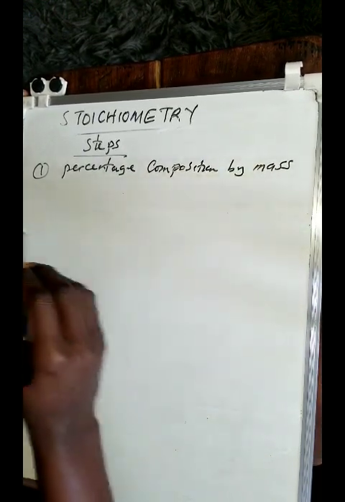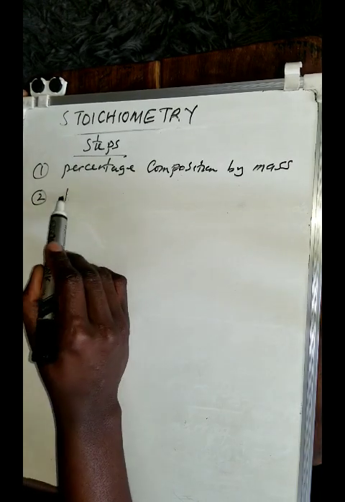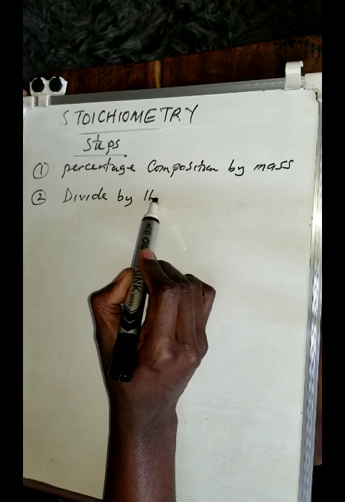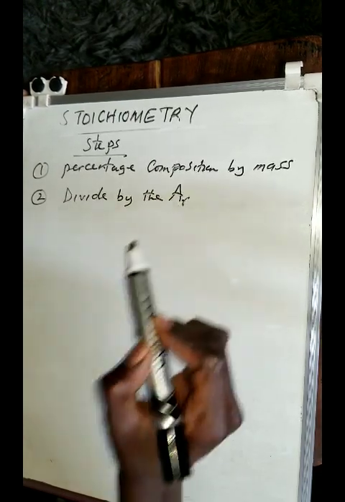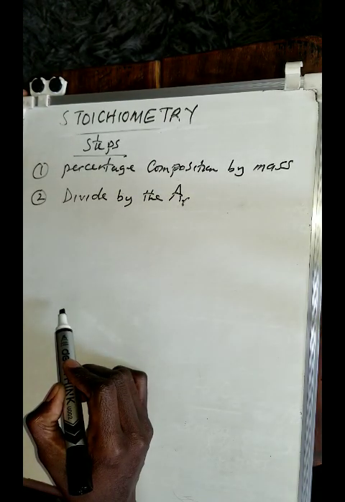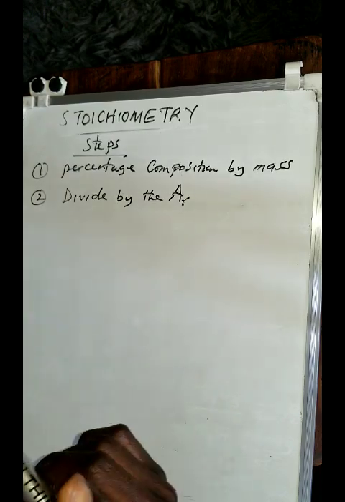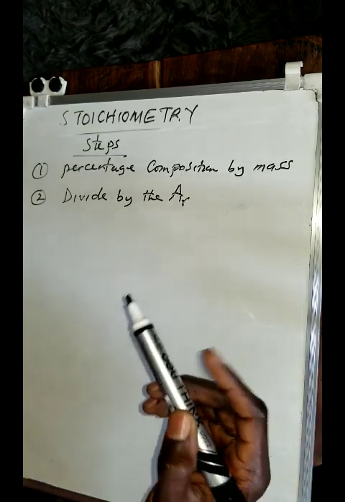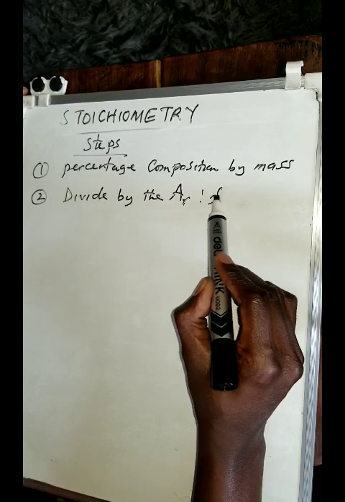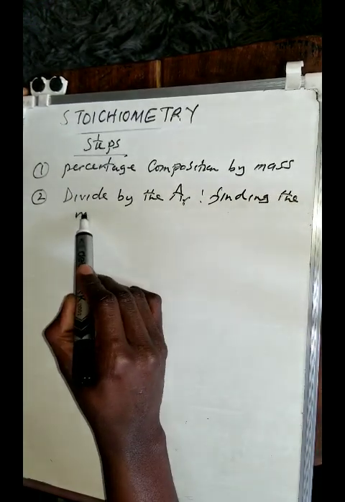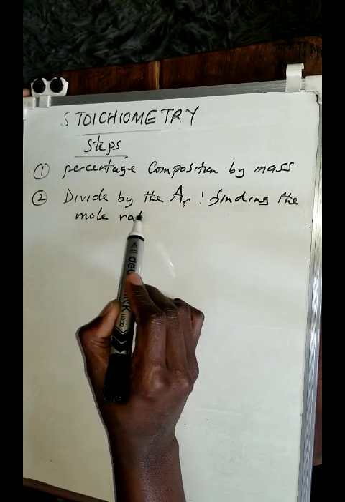So you simply divide by the relative atomic mass. Why are you dividing by the relative atomic mass? To find the mole ratio. That is what you need to do.